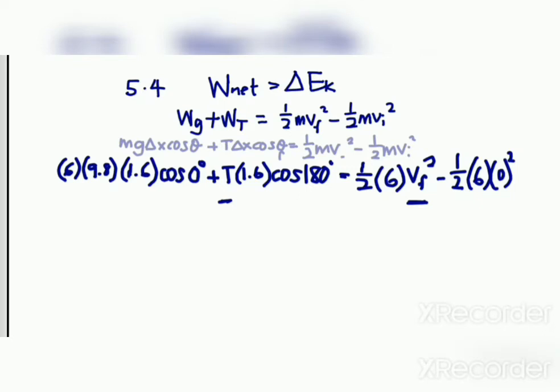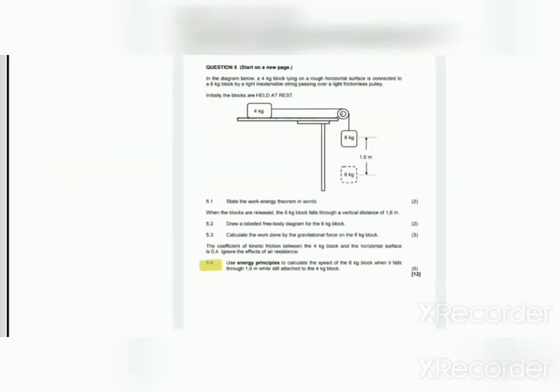So the final answer we are looking for is the Vf for the 6 kilogram. So we need to find now the tension force in the string. Now the simplest way to do that, we've got here a two-body pulley problem. And we know how to calculate our tension and acceleration using simultaneous equations for these two-body systems. So let's look at it.